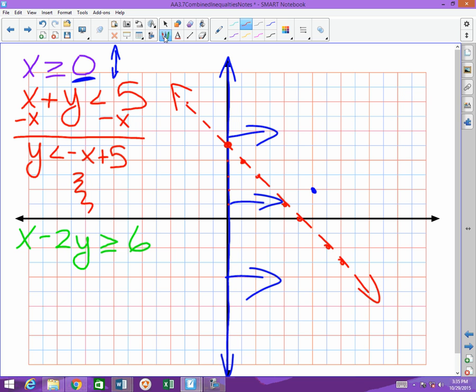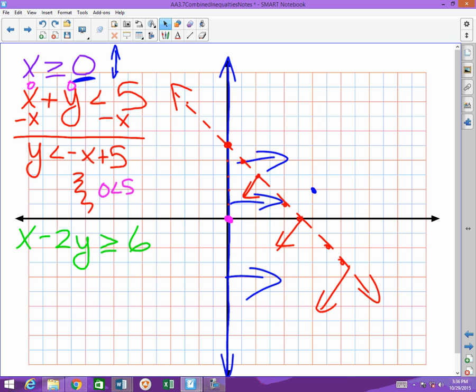And then if we choose a coordinate, say 0, 0, for this line, we can choose this point for this red line. And if we substitute it into the original equation, is 0 less than 5? Yes, it is. So now we're going to be shading below this line. So we're going this way. And that limits our graphing up here, so we got to bring this down, so we're only shading there.